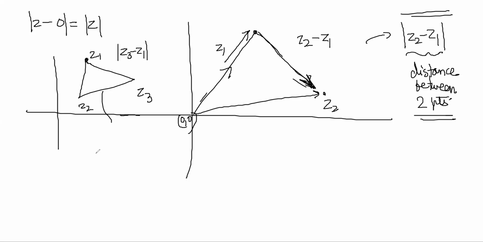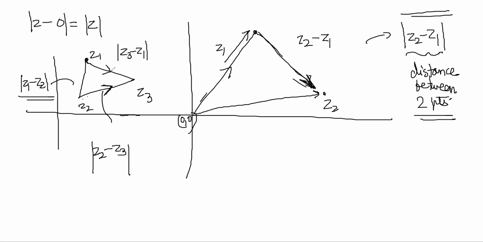This distance is mod of Z2 minus Z3. When you are taking distances, the order doesn't matter. But when you are writing the complex number, the order matters, in the sense that if I am writing this vector, then obviously I should write Z3 minus Z2, right?